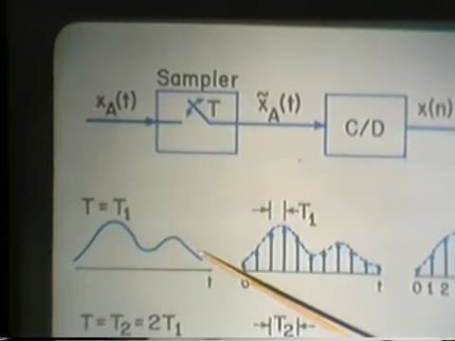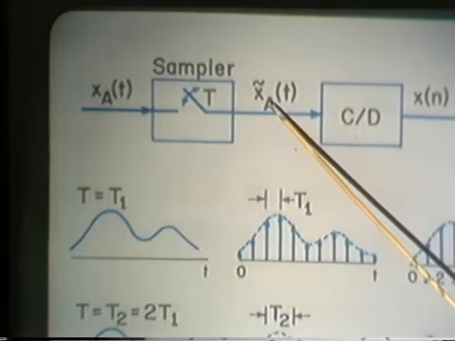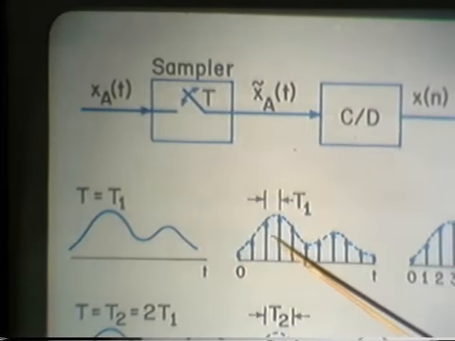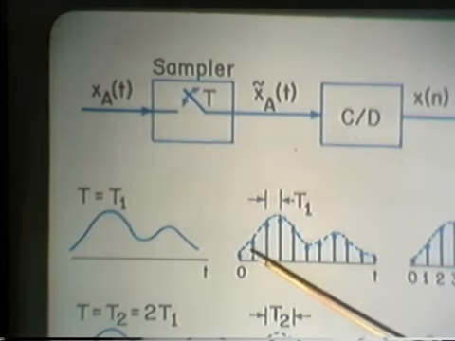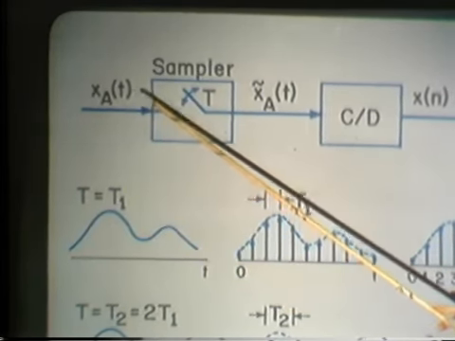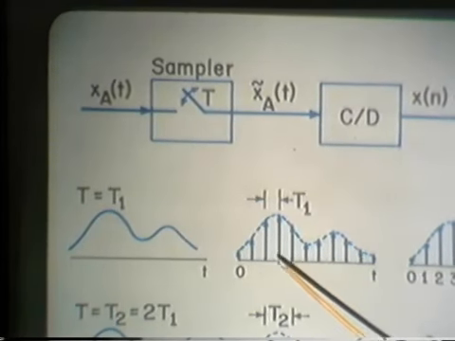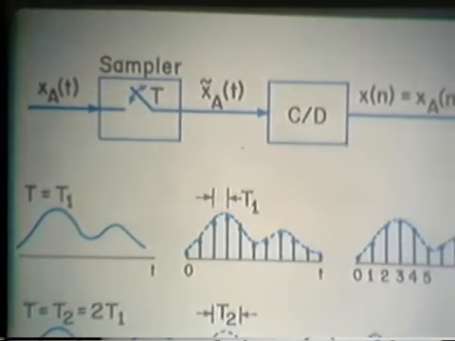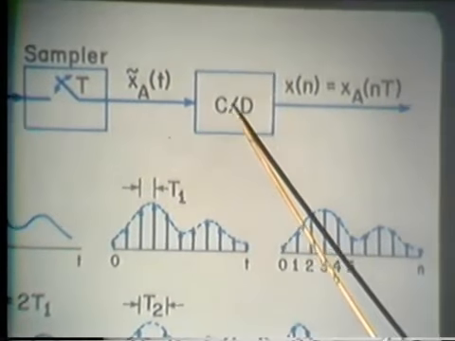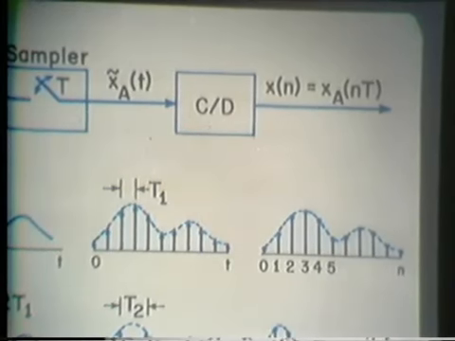Here's the continuous time input. Here is the continuous time output of the sampler, which is an impulse train with the envelope of the impulse train being the continuous time function x sub a of t. All right, well, this isn't a sequence. This is just simply an impulse train. To turn this into a sequence, we need to go into a box which I've labeled C/D, meaning continuous time to discrete time converter.